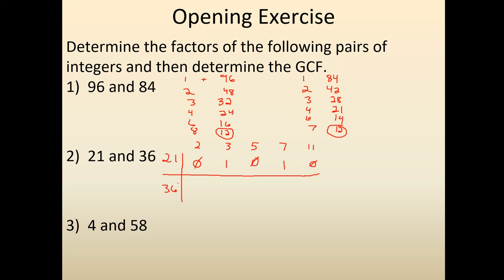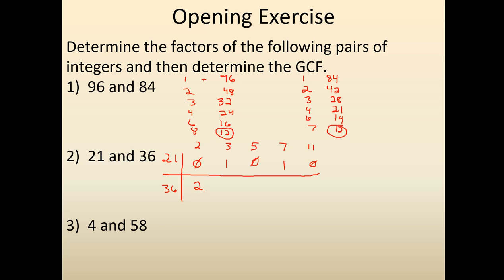won't get me anything. Now if I do 36, I can see that it goes into it once to get 18, goes into twice to get 9, but after that I get nothing. So it goes in 2 times. Going back, 36 divisible by 3 gets me a whole number.